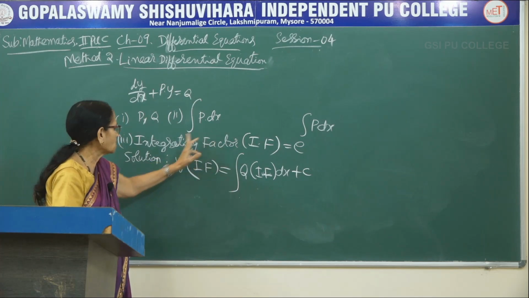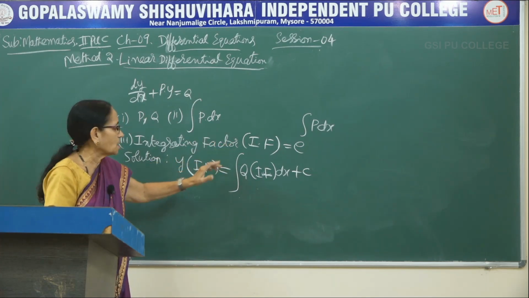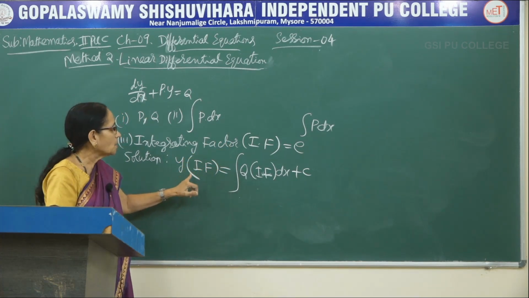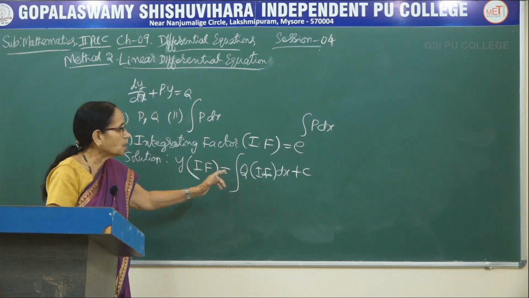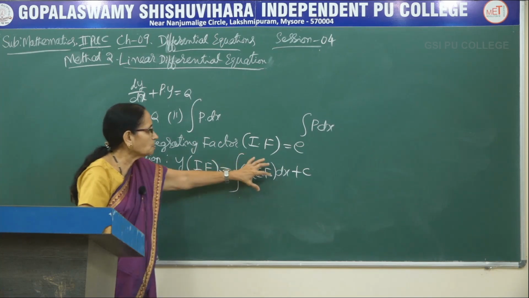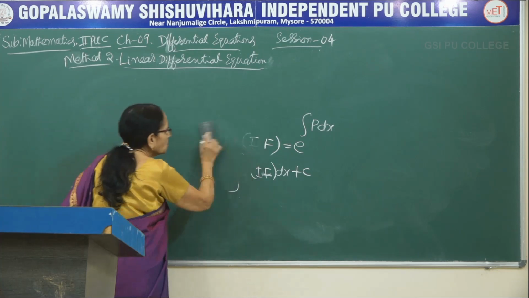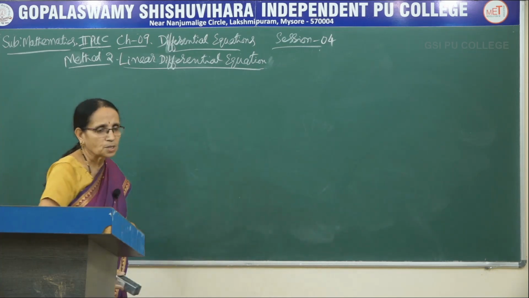Then the integrating factor is e to the power integral p dx. Then the solution is given by y into integrating factor equal to integral of q into integrating factor into dx plus the constant. So this part has to be integrated. This is the procedure we adopt to find the solution of the linear differential equation.